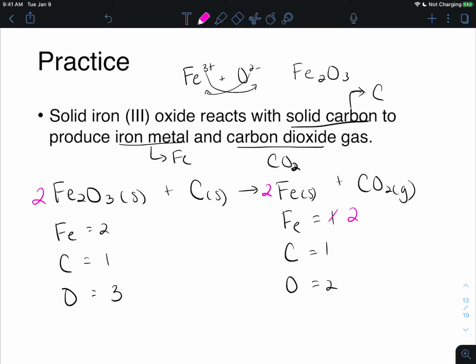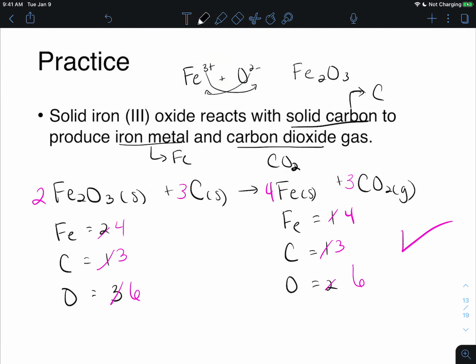So I'm first going to put a 2 here, and then change this to a 4. And then I'll go through. Don't need to mess with our carbon yet, but my oxygen, I need to put a 3 here, which will give me a 6 here. And then a 3 here gives me a 3, 3. And we are good.